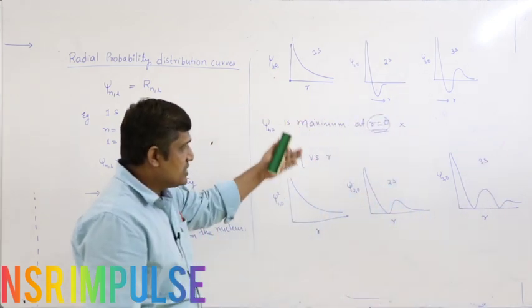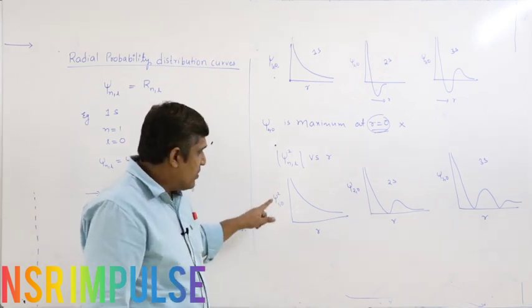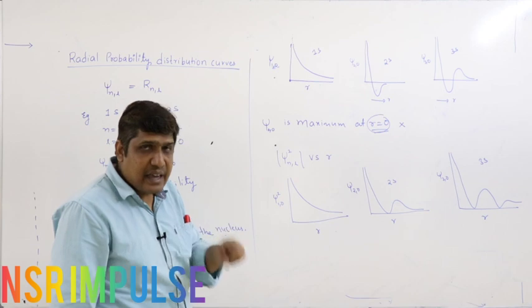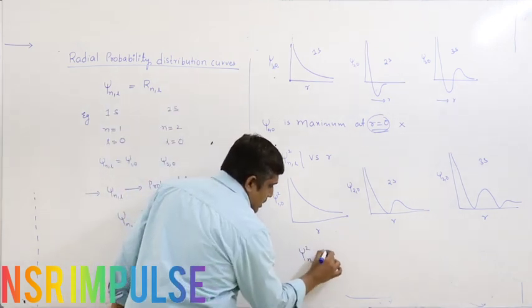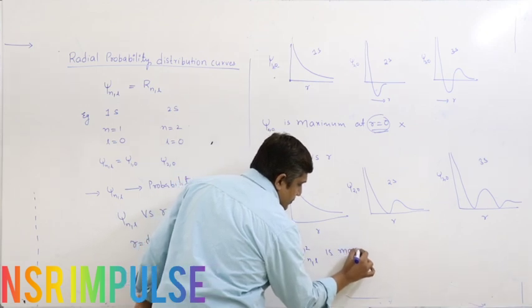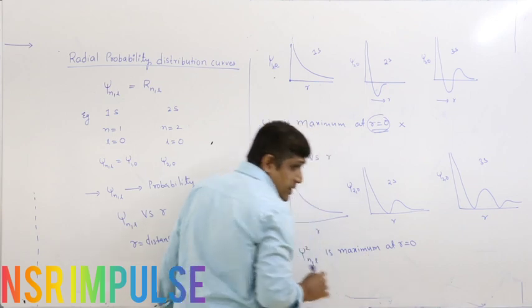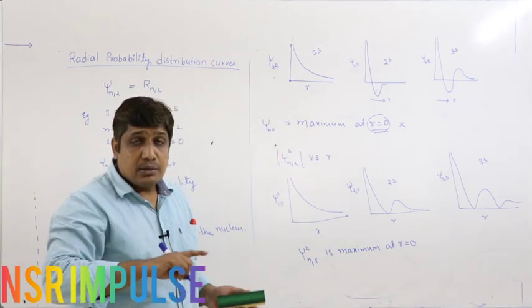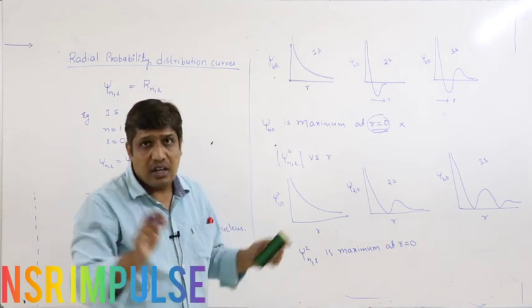if I compare the first graph and second graph, the maximum value for psi square is again at r equal to 0. What is the meaning of this? Same thing, that there is maximum probability of finding electron at nucleus, which is not correct.